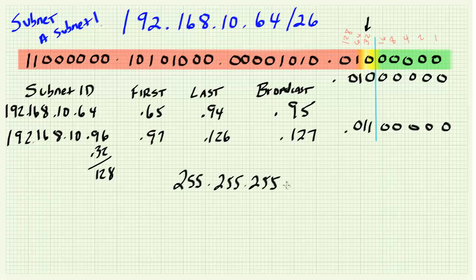And as we said before, the interesting octet is this fourth octet, and that's where the dividing line goes between these last 5 bits, which are for host addresses, and the other 3 bits, which are for the network and the subnetwork. The dividing line goes right there, and that's a /27, right?